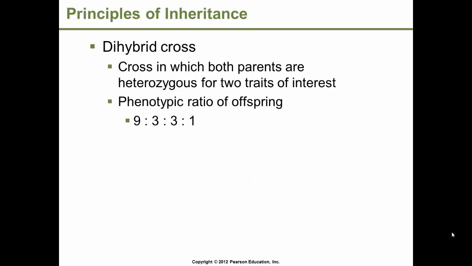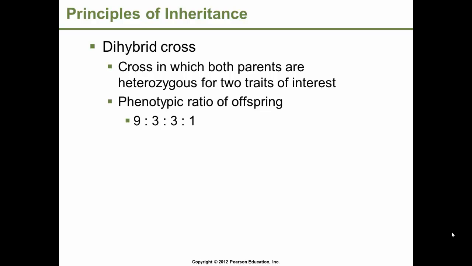A dihybrid cross is a cross looking at 2 specific traits. So a dihybrid cross might be looking at if that individual had both freckles and a widow's peak. So the dihybrid cross is a cross in which both parents are heterozygotes for 2 traits of interest.